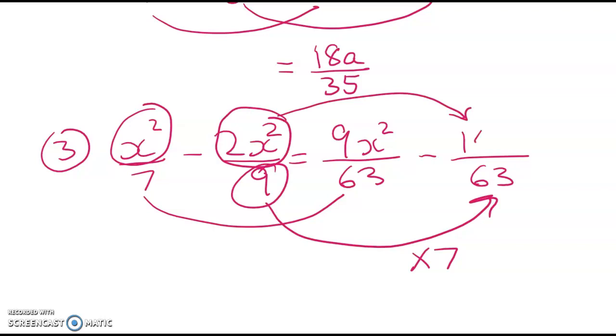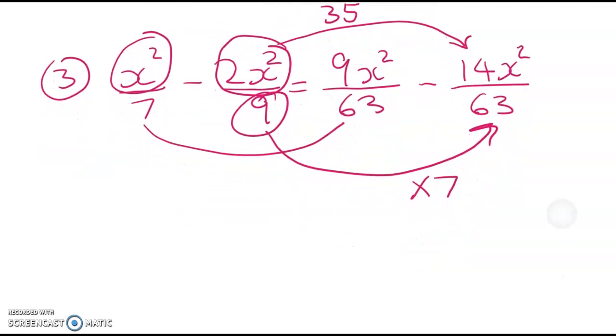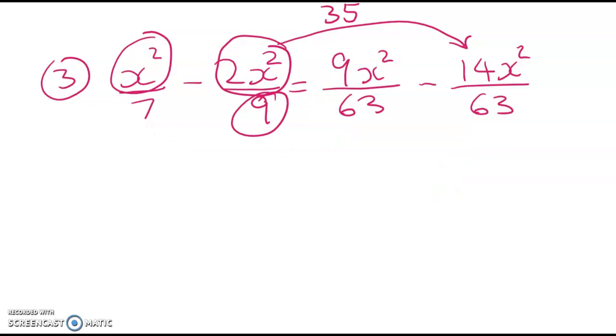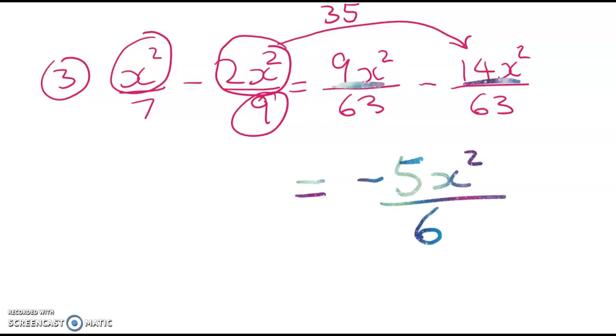Hopefully you can see why getting all of those basic algebra skills down pat was really important, because we have to just know exactly what the next step is. The last step here is to collect up my like terms. So I get 9x squared minus 14x squared divided by 63, which is negative 5x squared over 63.